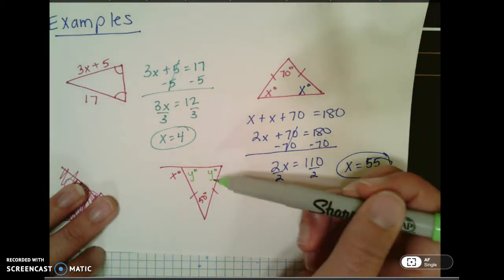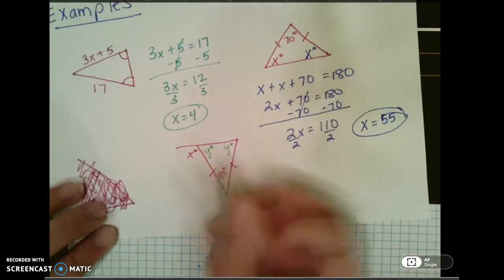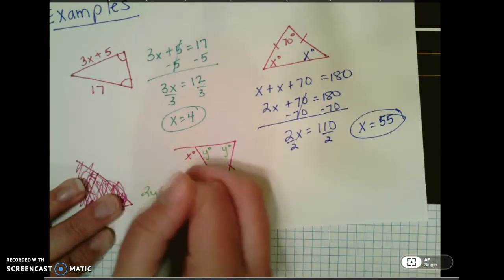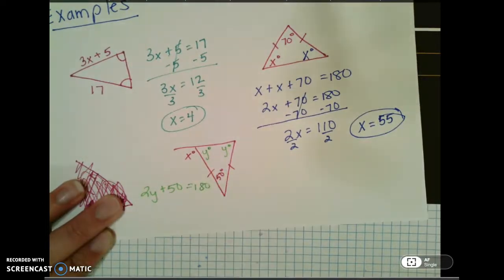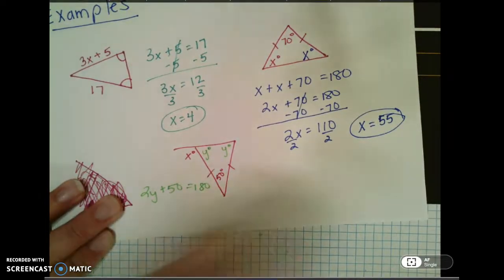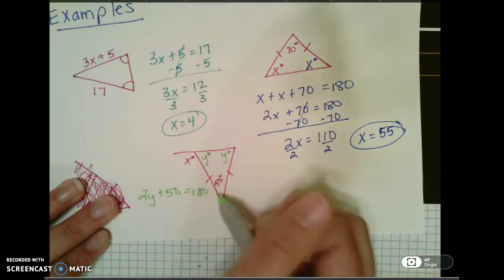Now, there's a way for me to find this. I can do it just like I did the other one and say I have 2y plus 50 equals 180. So that's just me saying I have y plus y plus 50, so 2y plus 50 equals 180.